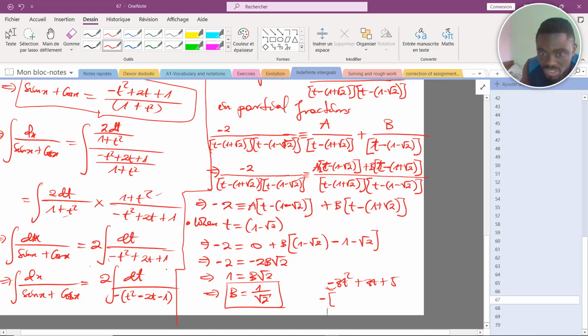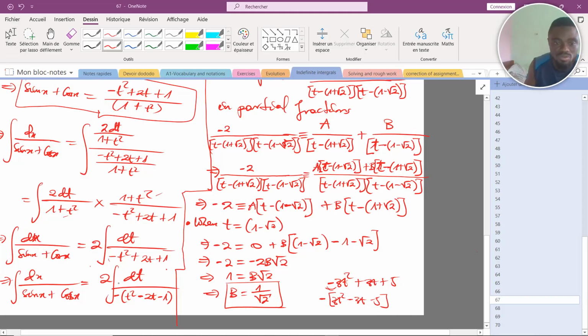Write back the expression as minus, 3t squared, and when you factorize the minus, you have minus 3t minus 5. Always do this. That's the advice I'm giving you. I'll explain why it is very important to do this.